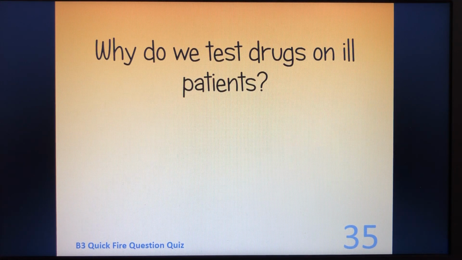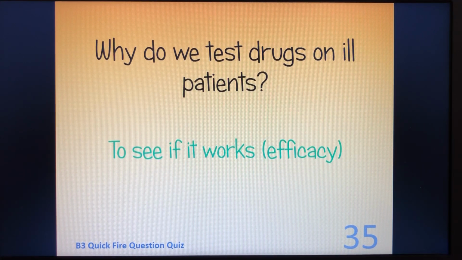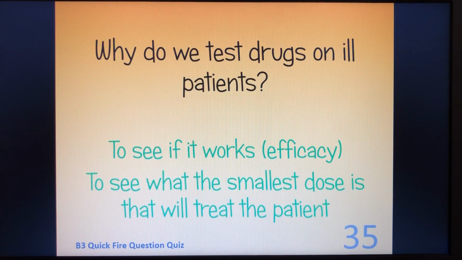And the answers are to see if it works, efficacy. Horrible word, it took me ages to learn how to even say it, but does the drug do the job? Does it make the person better again? And then dosage, to see what the smallest dose is that will treat the patient.